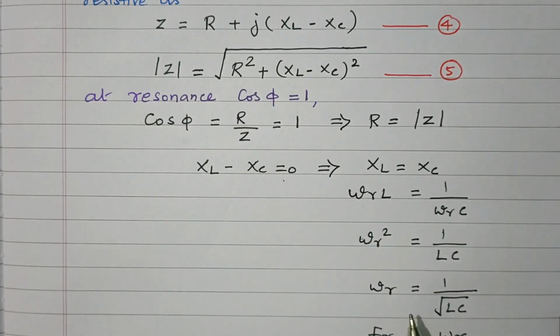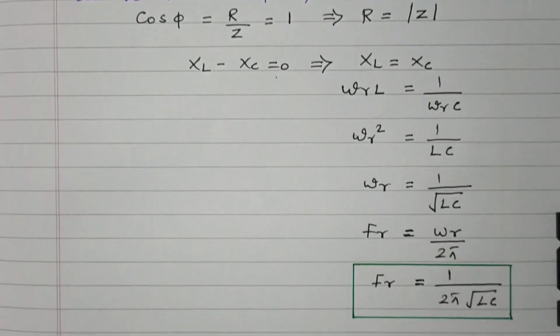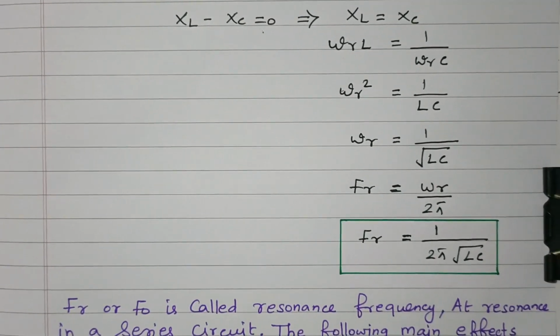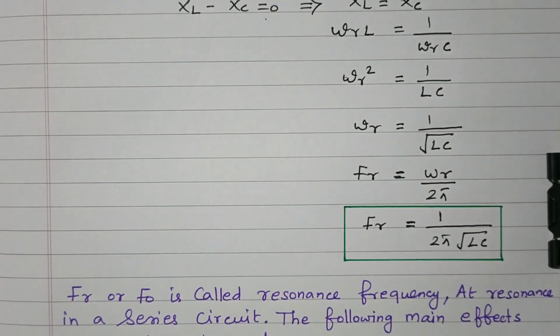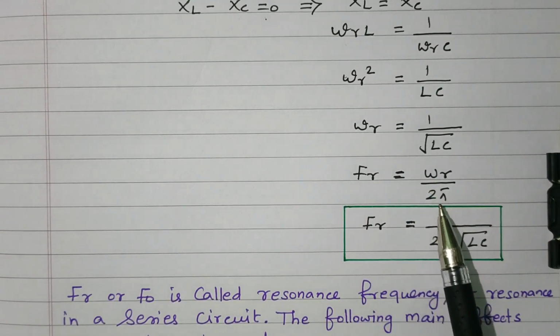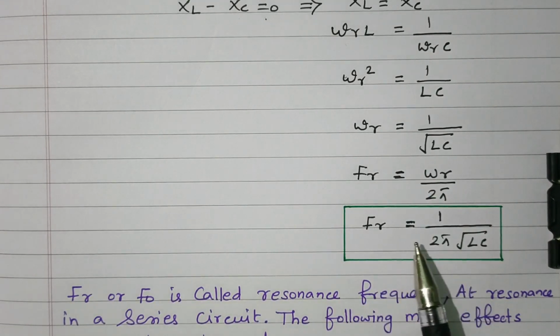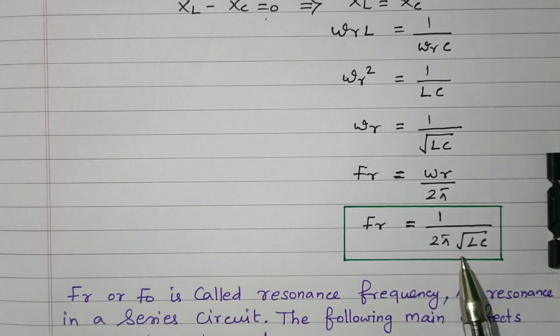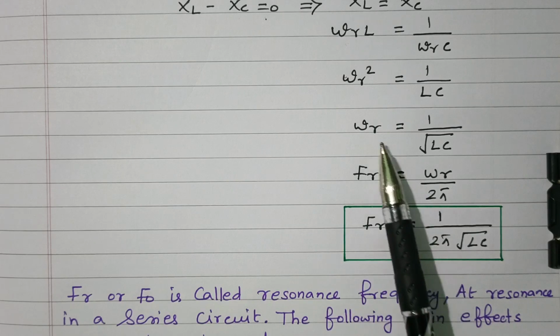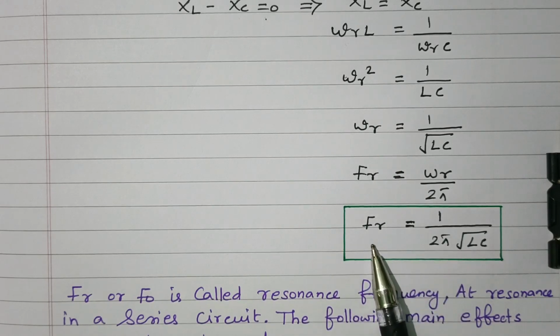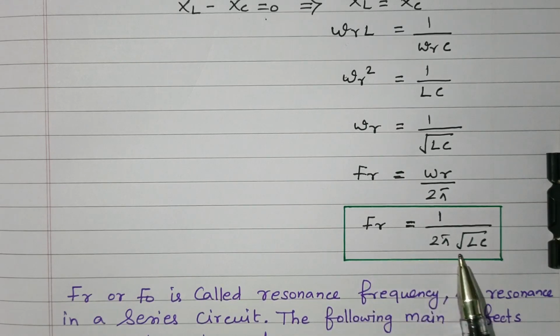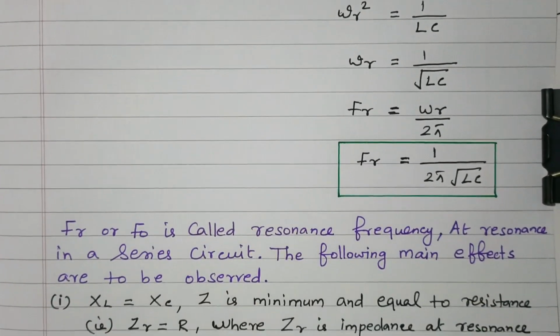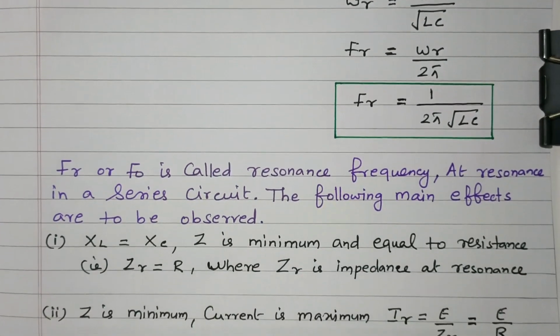Taking the square root, omega R equals 1 divided by square root of LC. From that we can calculate the resonant frequency Fr equals omega R divided by 2 pi, so Fr equals 1 divided by 2 pi square root of LC. This is the resonant frequency: omega R is the angular frequency and Fr is the normal frequency. Now we'll analyze the Fr value for further analysis.